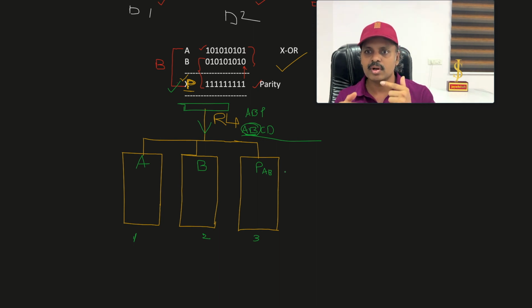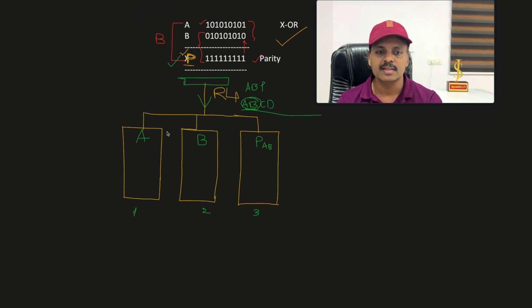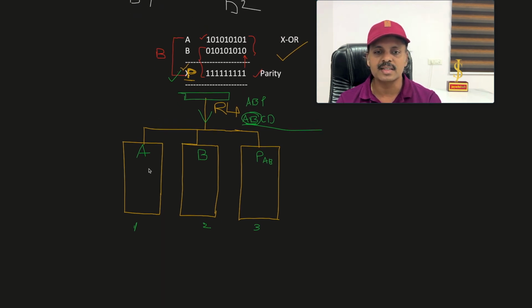So when you are writing R4, just write R4 is striping along with parity, or striping with dedicated parity, because the parity is going to be written into the same disk. Let me write the next data, C and D, next two blocks, and parity of CD. Like that, the next blocks, for example, E and F, then here it will be parity of E and F.